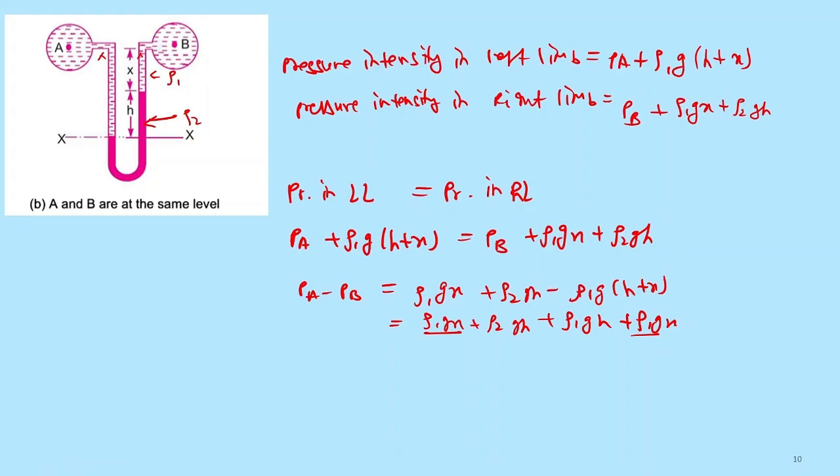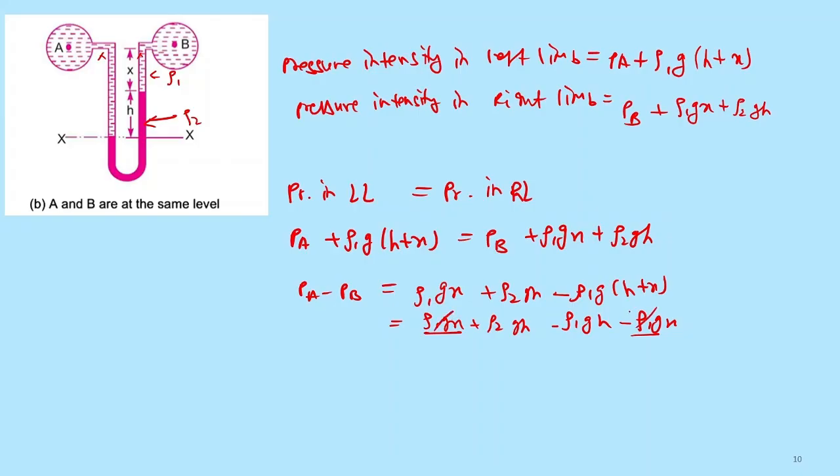Here it will come with a minus sign, because we are shifting this PB to this side and this rho 1 g (h plus x) to this side. So it will be minus rho 1 g h minus rho 1 g x.